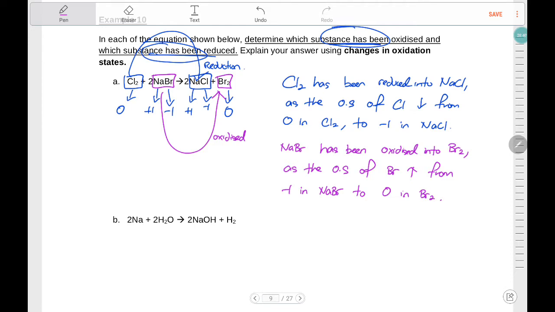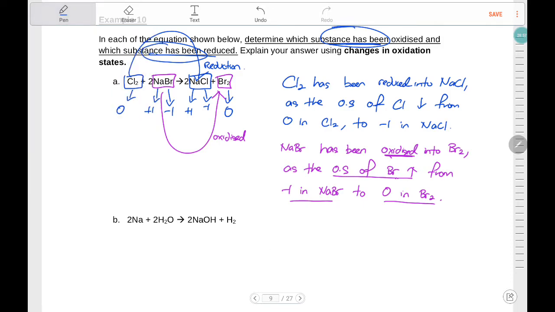Okay, so just check the answer. NaBr has been oxidized into Br2 as the oxidation state of Br increases from minus 1 in NaBr to 0 in bromine.